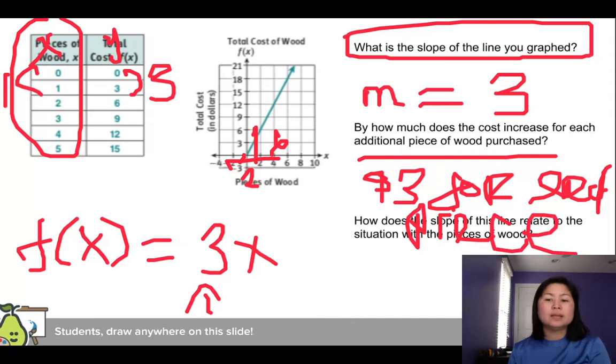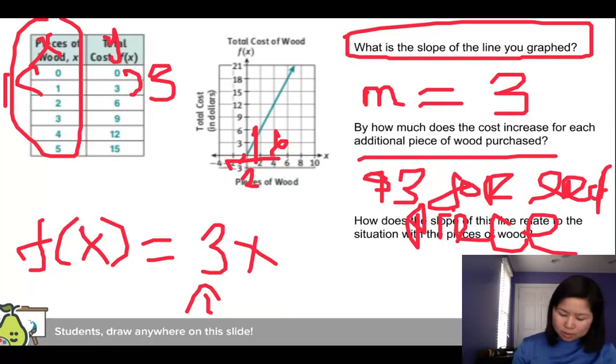So the rate tells you how much it costs per piece, per day, per hour, per minute, per item, whatever we looked at, depending on the objects we looked at, okay? So the slope, like I said, a couple ways: look at the table, look at the graph, or look at the function. What does that mean? It means the cost rate per something, per day, per hour, okay?